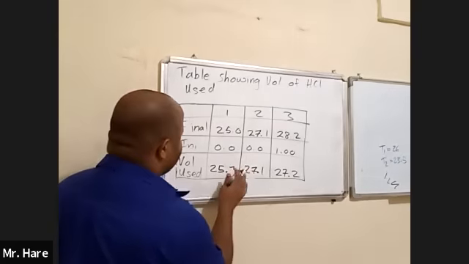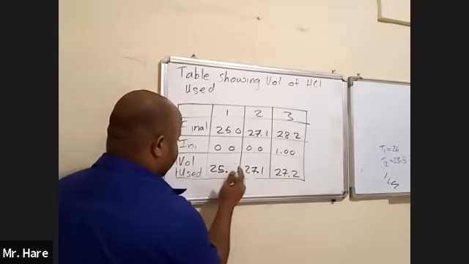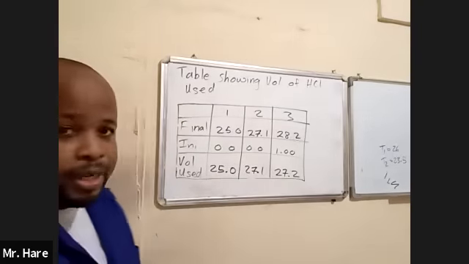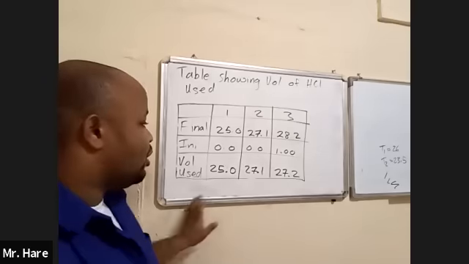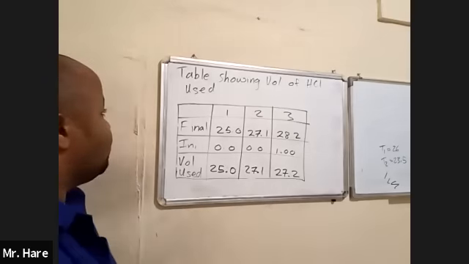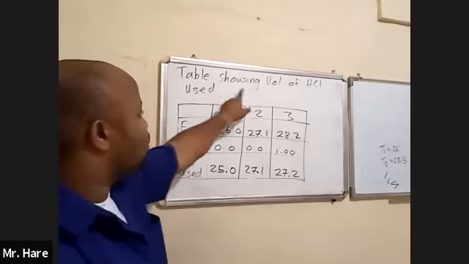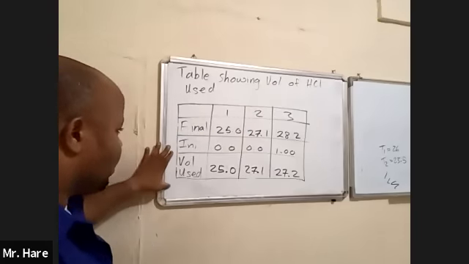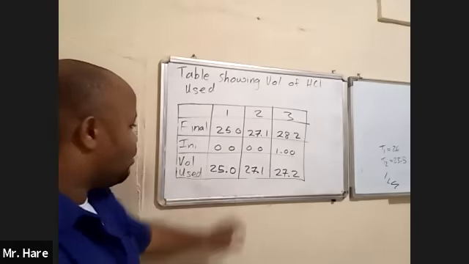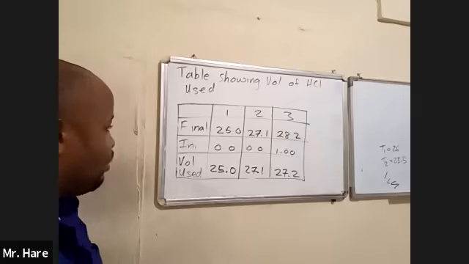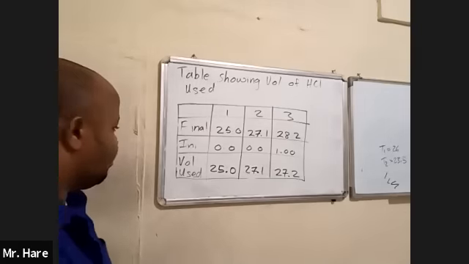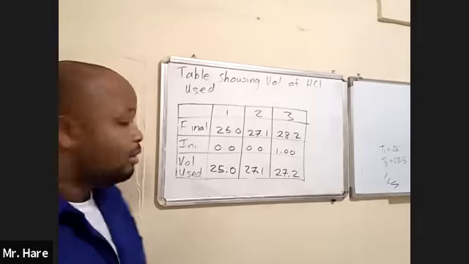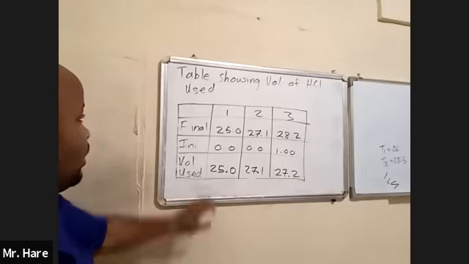Right? But if the 3 of them are extremely close, then you average the 3 of them. So this example, it says table showing the volume of HCl used. So you can just write this off quickly, right? And we're going to do the calculation. So this is the volume of HCl.